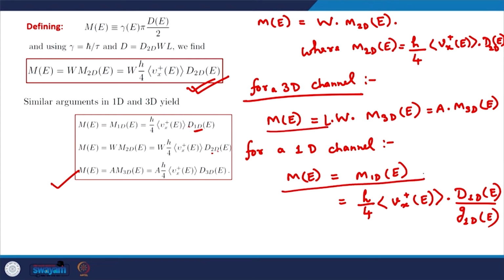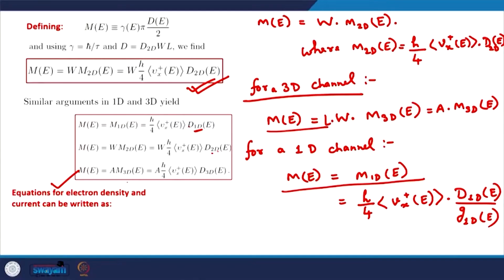I would recommend all of you to try this derivation, and it is pretty much similar to the derivation that we did for the 2D channel. In the 2D channel, things can be more explicitly visualized, and that is why we started with a 2D channel, because the length and width we can easily picturize in our minds.